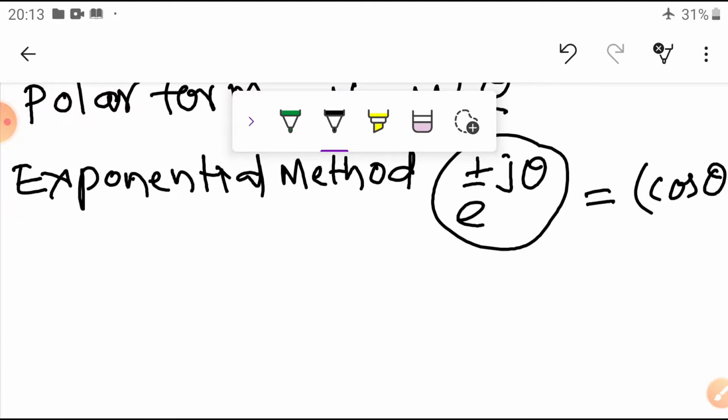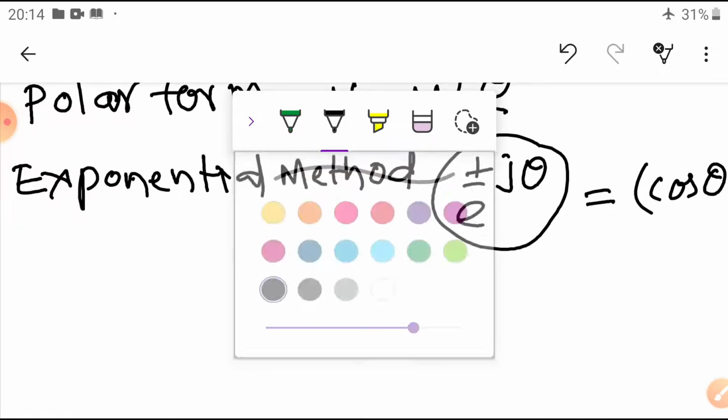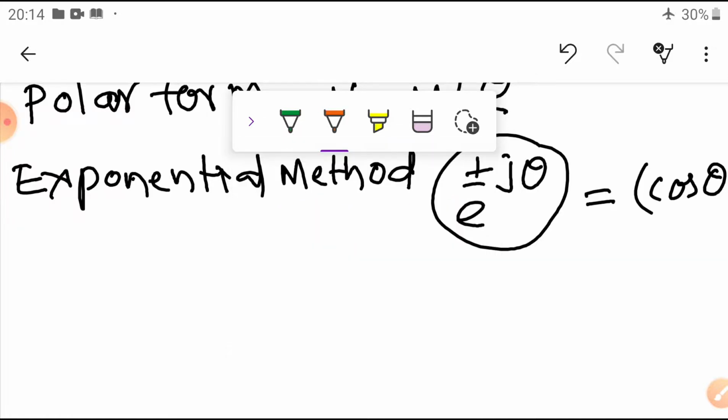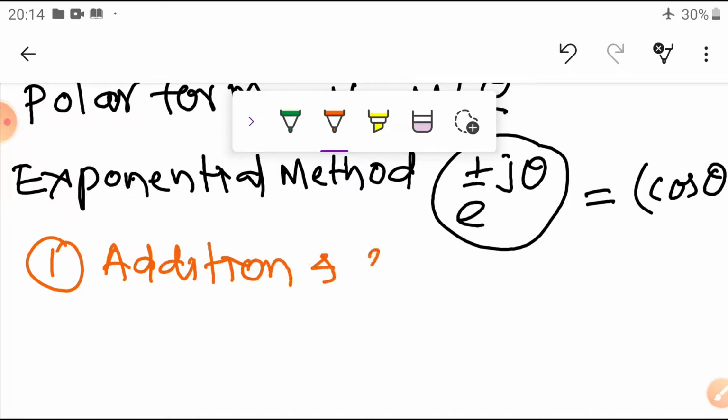Now, in this class, in rectangular form, in the first case, we have seen addition and subtraction of two vectors, how the addition takes place.